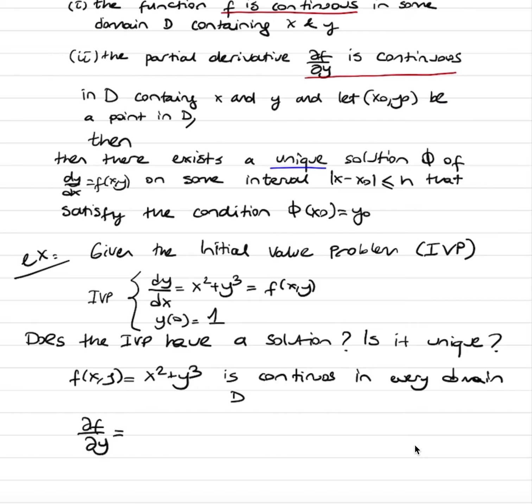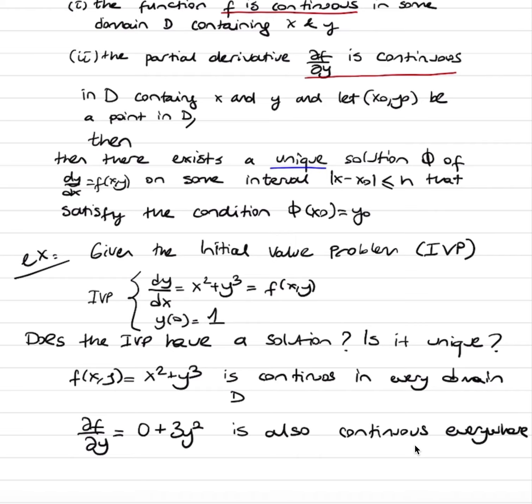What is the derivative of f with respect to y? So f is x squared plus y cubed. We think of x as a constant when we take the derivative. So the derivative of x squared with respect to y is 0. What about y cubed? It is 3y squared, right? So this is also continuous everywhere.